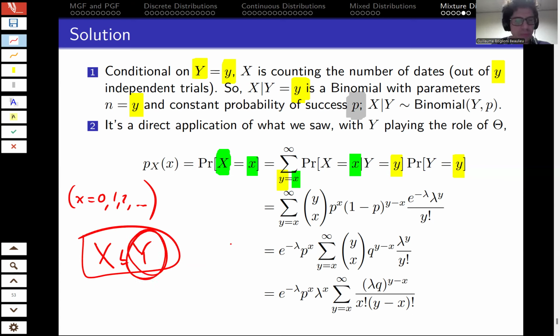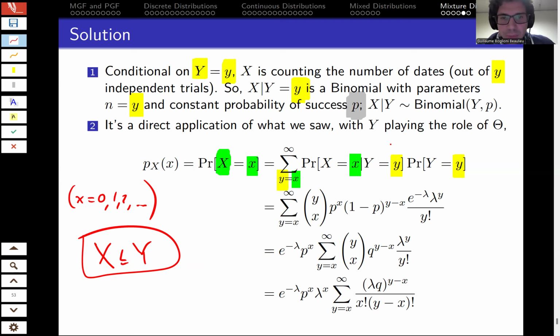If Josephine got 10 likes, the very maximum number of dates will be 10, because that's the maximum, right? Of course, if she's very lucky, maybe every like will lead to a date, but that's the maximum. So this is why, you see the probability that x equals little x.